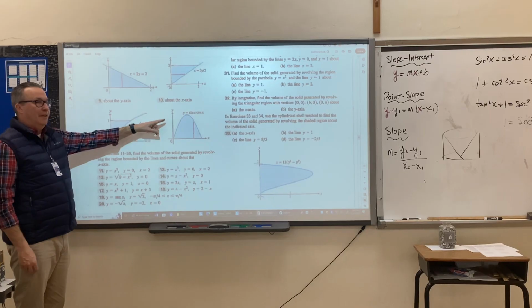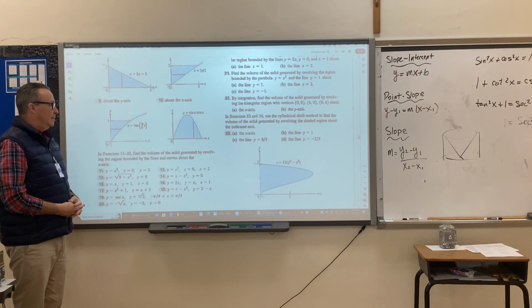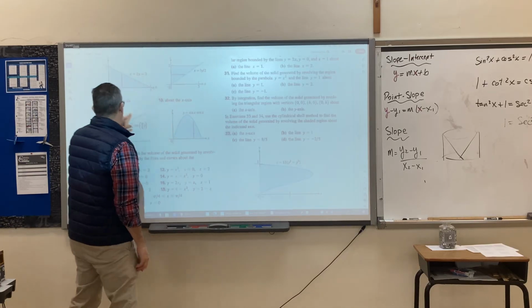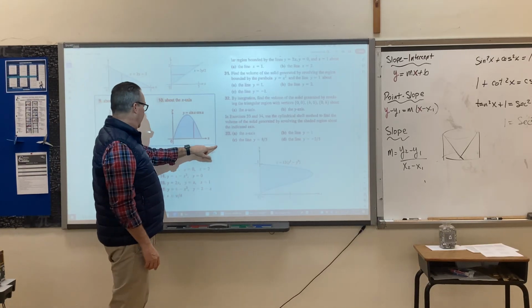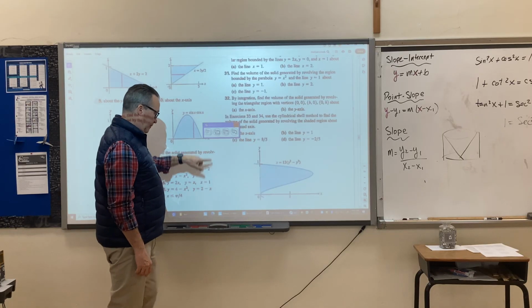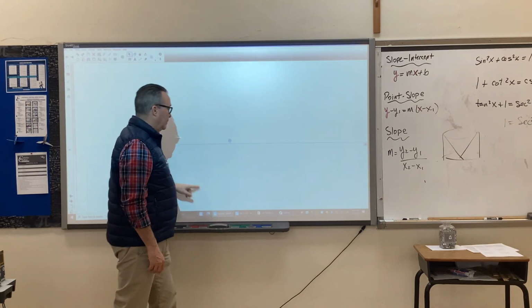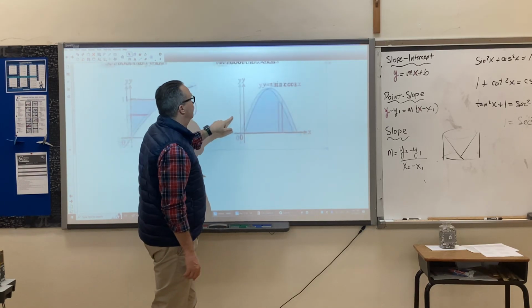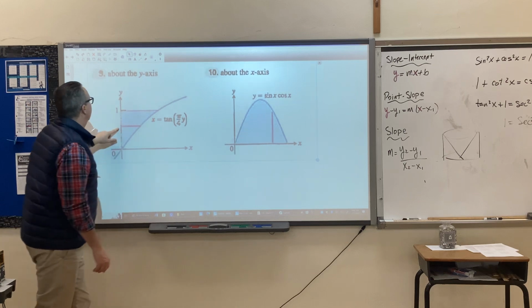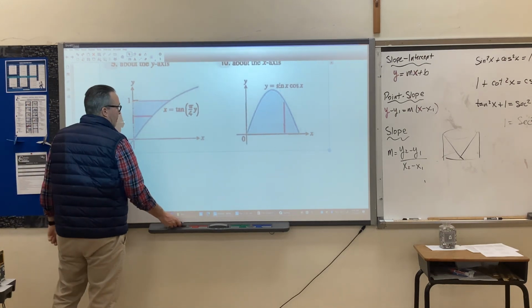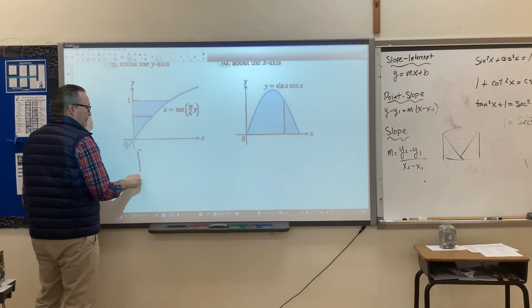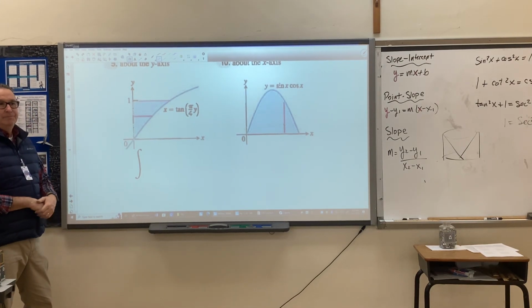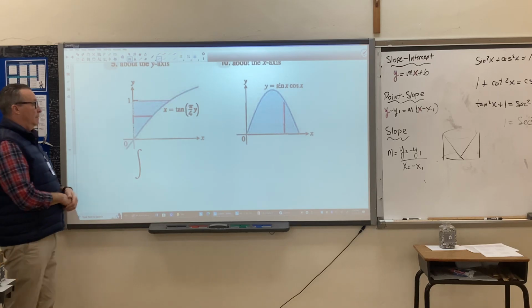Ooh, this one's fun. We don't want to do that one about the y-axis. Washer method or disk method? Disk.